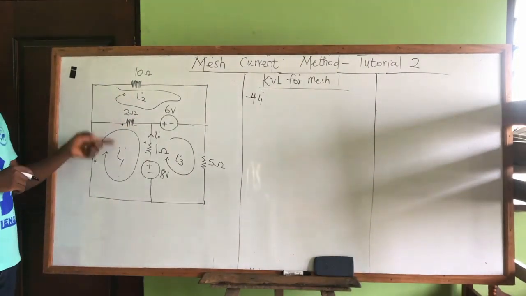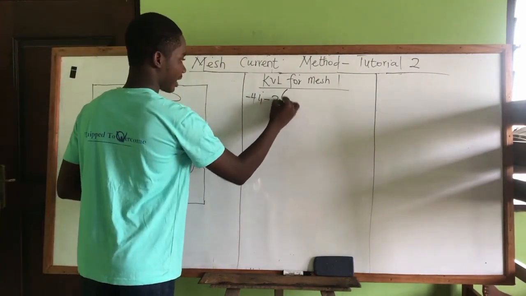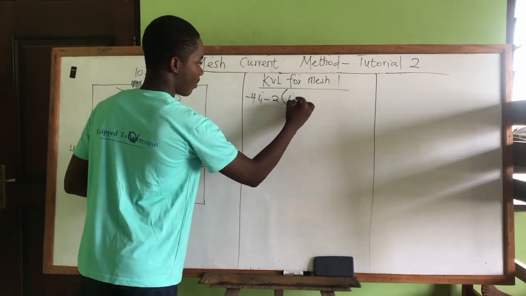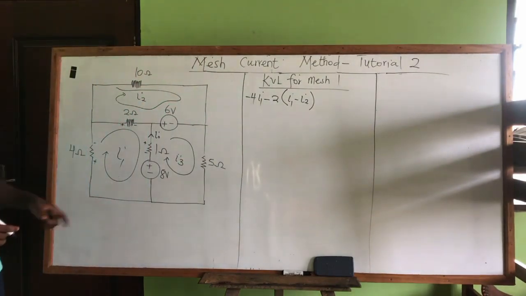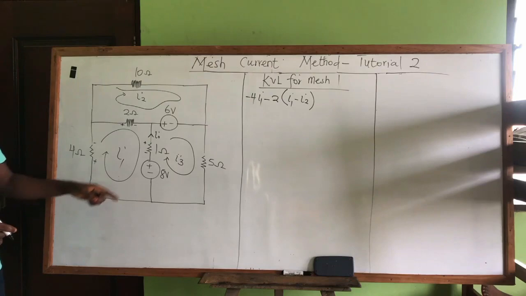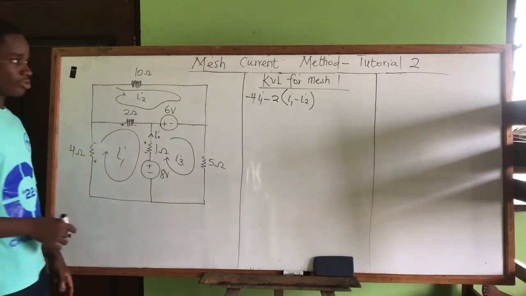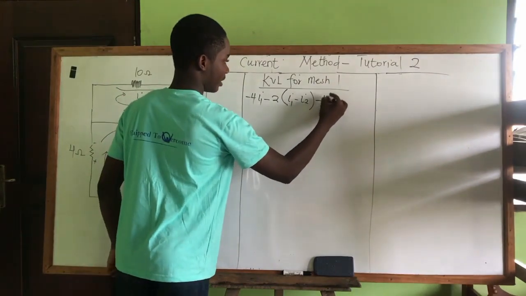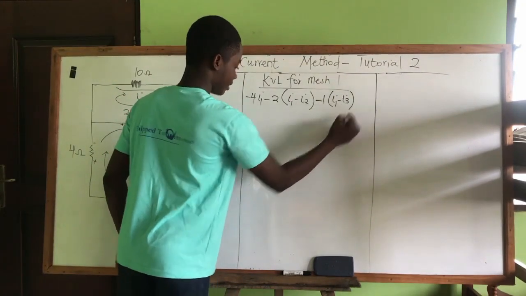So we have minus 2 times the current I1 minus I2. Then we move on to this 1 ohm. This 1 ohm is also between mesh 1 and mesh 3, so we have minus 1 times I1 minus I3.